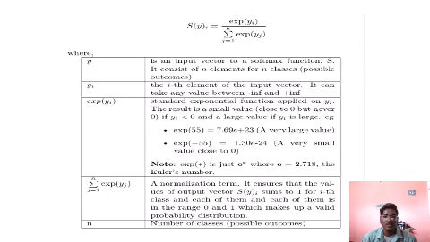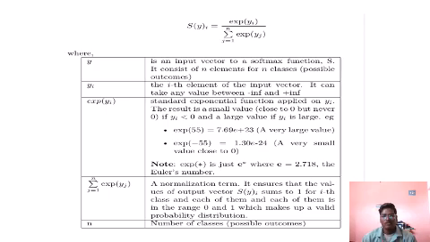Exp of y is the standard exponential function applied to y. The result is small, close to zero but never zero, if y is less than zero, and a large value if y is large. For example, e to the 55 is a very large number, and e to the minus 55 is a very small number.